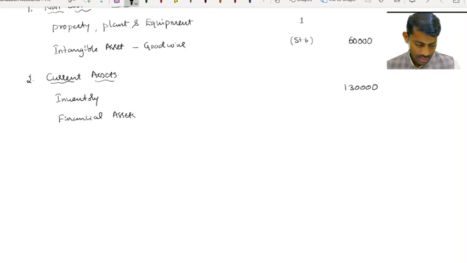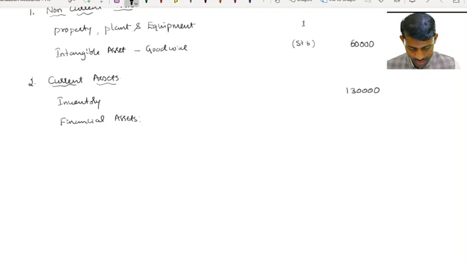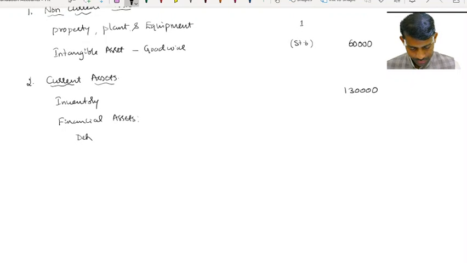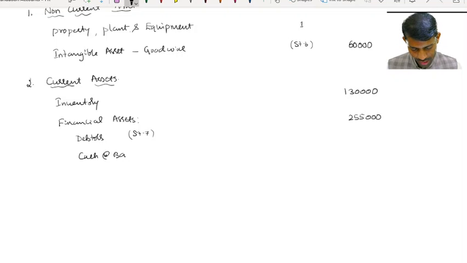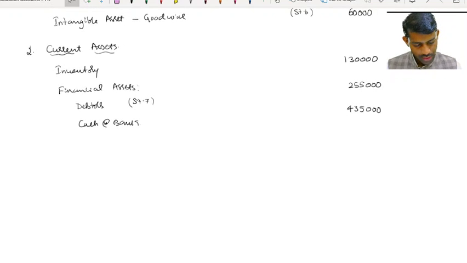Under financial assets, debtors, copy as per step number 7, 2,55,000. Then cash at bank net 4,35,000. So that's the total.